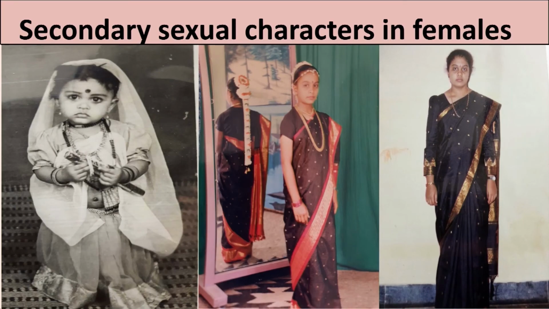Now, if you look here, a small kid, then the second picture after reaching puberty, and finally adulthood. You can see the change in height, the musculature, curvature of the body, development of various parts of the body, and also development of hair. All these are secondary sexual characters.